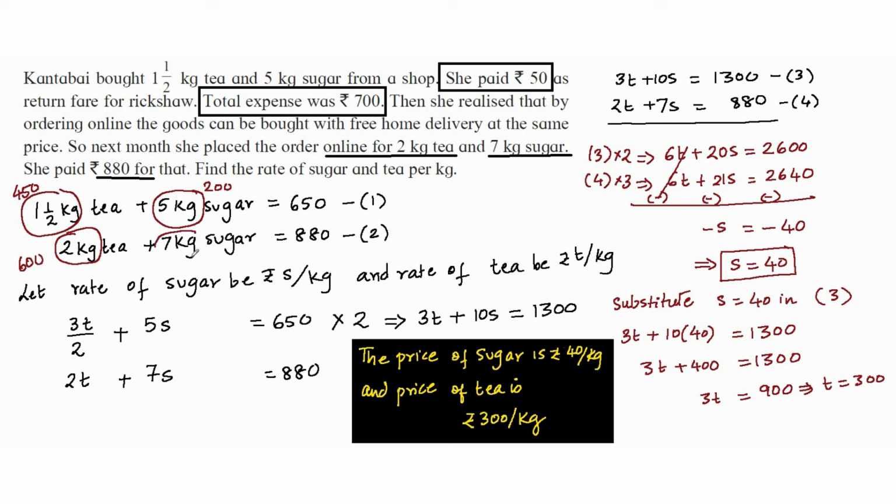And 7 kg of sugar at 40 rupees per kg will cost 280. So 600 plus 280 is equal to 880. So our solution satisfies both the equations and both the conditions, and therefore our answer has to be right. I'll pause for a few seconds and we are done with the questions in this particular segment.